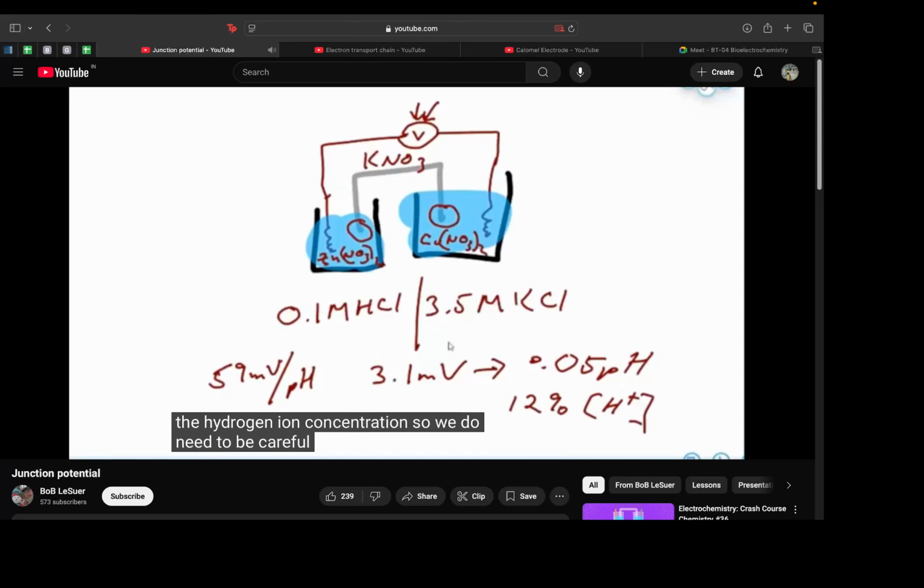So we do need to be aware of junction potentials, because they can contribute a significant amount of error to the observed measurement.